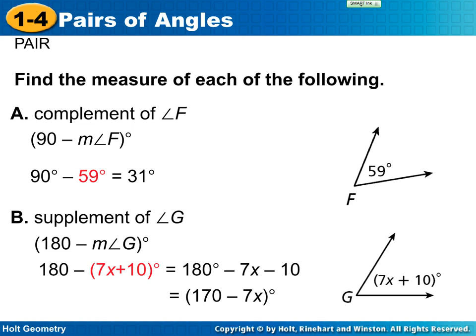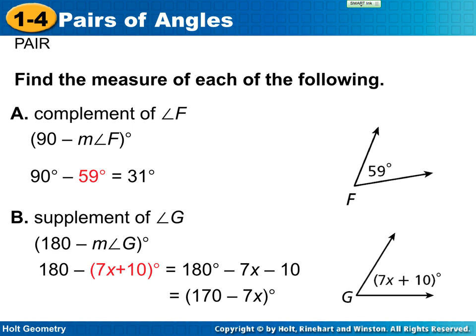Let's see if those do add up to be 180 degrees. 7x minus 7x cancels out, right? 10 plus 170, that's 180 degrees when you add those two. So this is the correct supplement for the angle that I gave you.